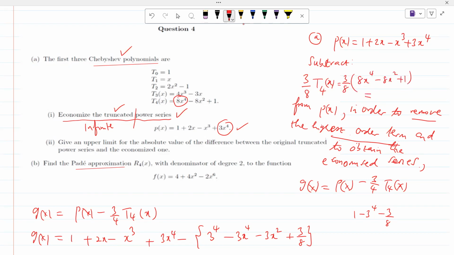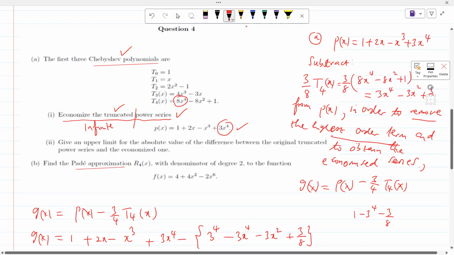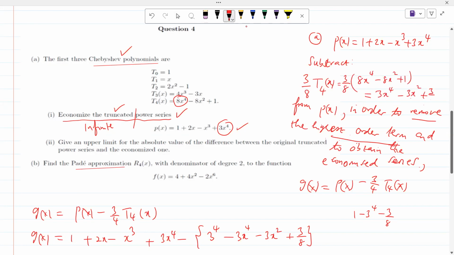Sometimes there are also typos in the material we use. So if you multiply through here, what does this give us? It gives us exactly 3x to the fourth power. Minus, it becomes 3x squared. And this becomes plus 3 over 8.